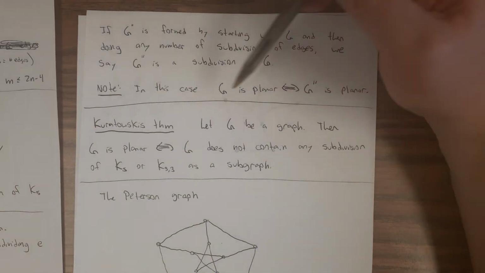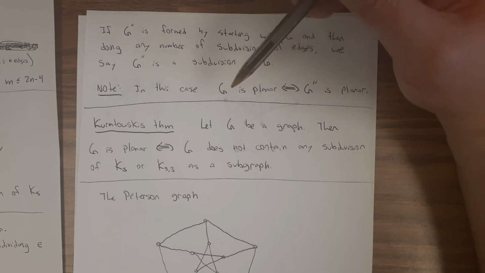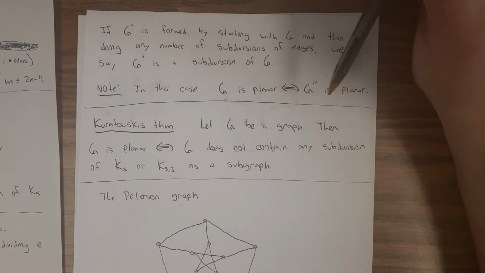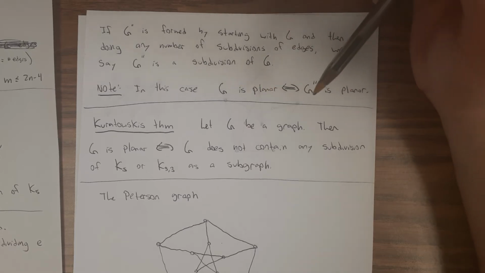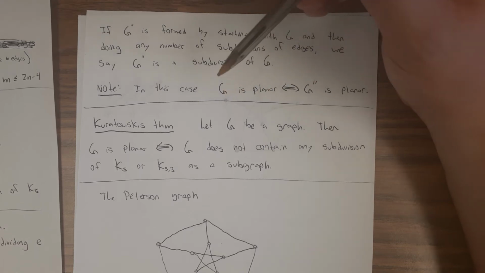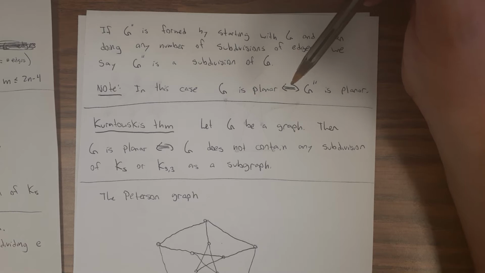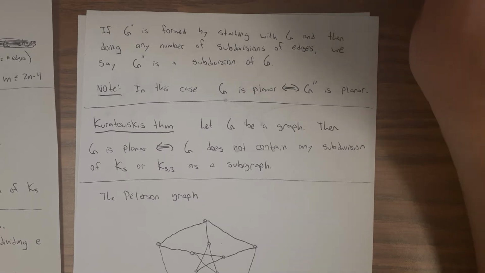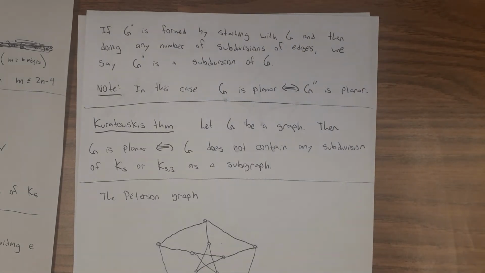And the reason why we're talking about subdivisions is that we're talking about planarity, and if one graph is a subdivision of another, then either they're both planar or neither one of them is planar. Because subdividing edges doesn't really make it any easier or harder to draw the graph in the plane.